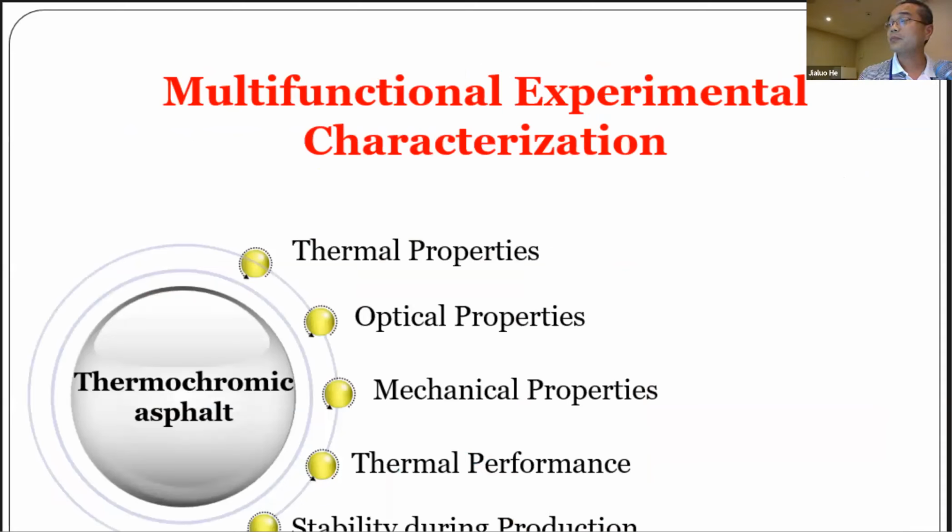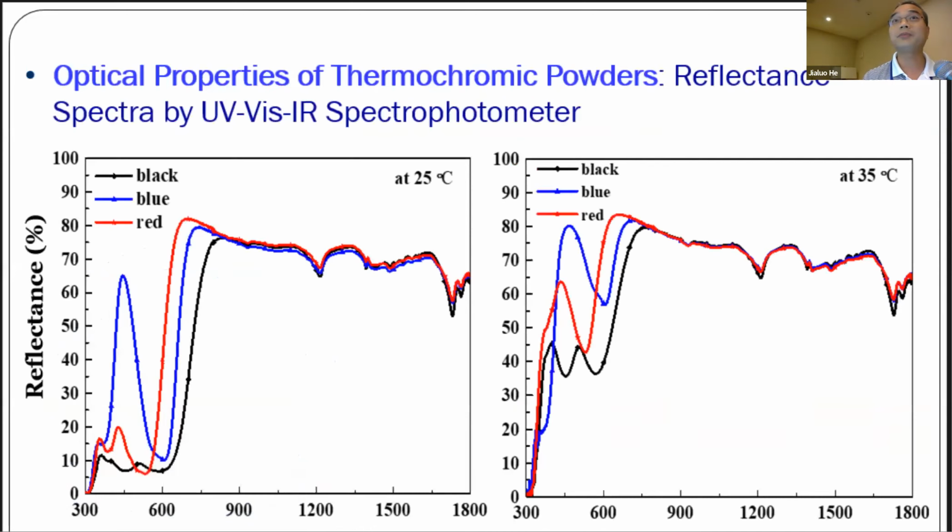Because we're looking at two different dimensions of pavement material design, we need to look beyond mechanical performance alone, for example thermal, optical, and mechanical, and if we upscale for plant production, we also study the thermal stability issue. So make sure they are compatible with the current production procedure.